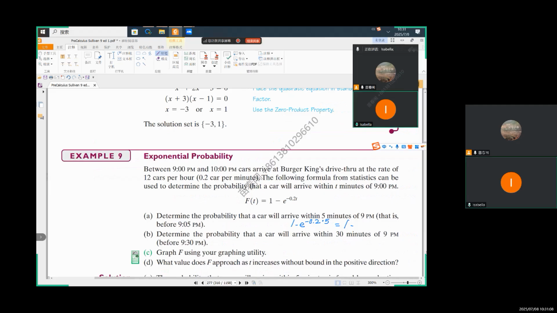Okay, can I use a calculator for this? Sure. Word problem, always calculator. Oh, yeah, substitution.